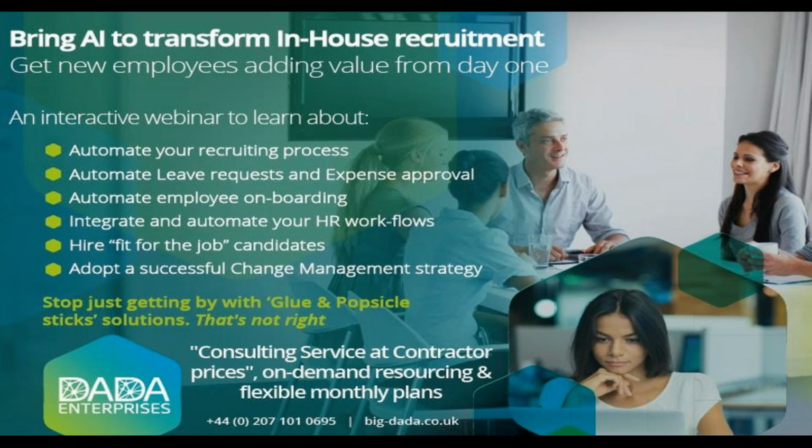The reason for picking HR is because everybody understands HR processes to some degree because they've been an employee or manager in an organization. But just be mindful that many of the things we're going to show are transferable to other functions.